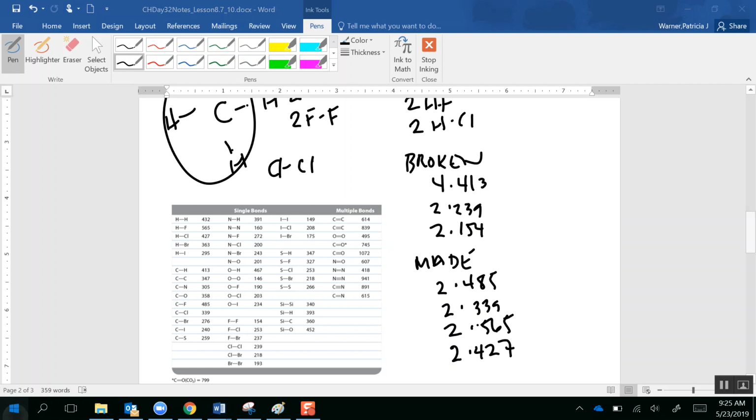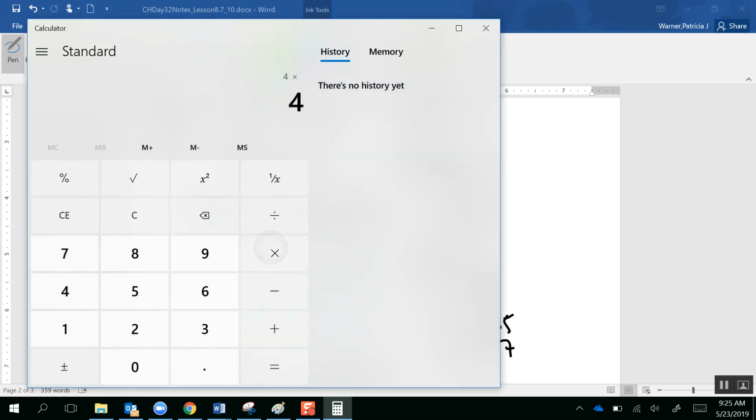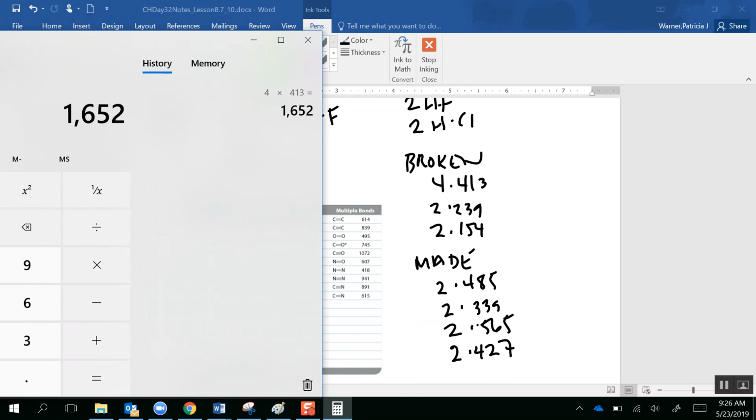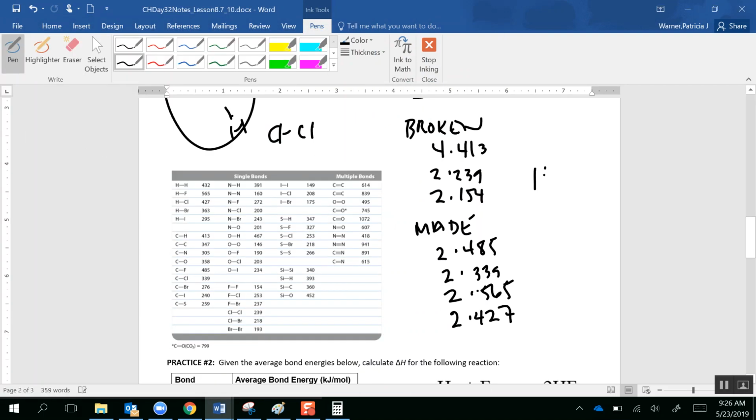And let's see, let's pull up a calculator. 4 times 413 is 1,652. 2 times 239 would be 478, and then 2 times 154 would be 308.